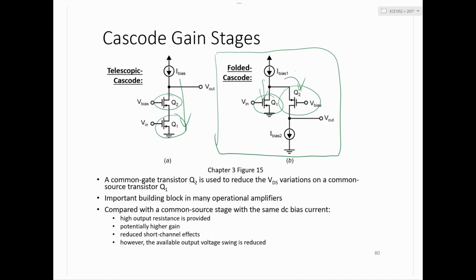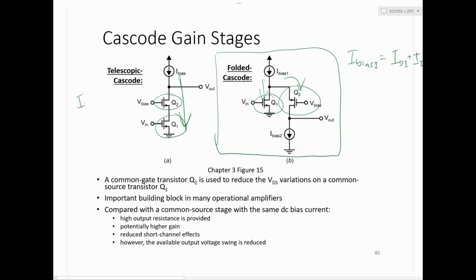But if you were just looking at it purely in isolation, there's some clear benefit to the telescopic cascode, which is exactly what I just mentioned, the fact that it reuses the same bias current. Whereas in the case of the folded cascode, the total current coming from the supply is the sum of the bias current you need for Q1 and Q2.